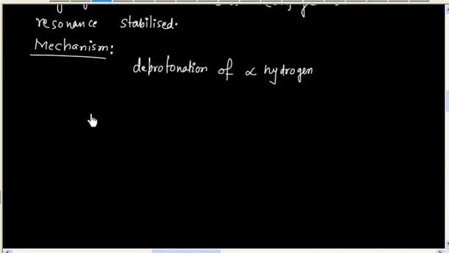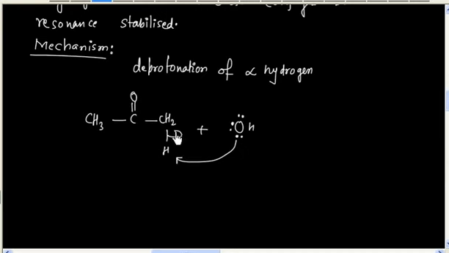So we have keto form and base pulls this proton, this bond goes here.